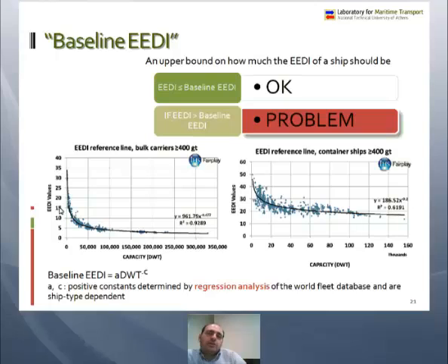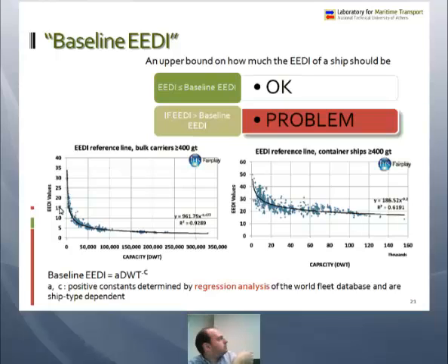The era of non-regulation of greenhouse gases, actually CO2 emissions, ended when in 2011 IMO adopted this EEDI, which sets an upper bound on how much the EEDI of a ship should be. So you calculate this reference line, that's for bulk carriers, that's for container ships. You have the EEDI of your vessel.